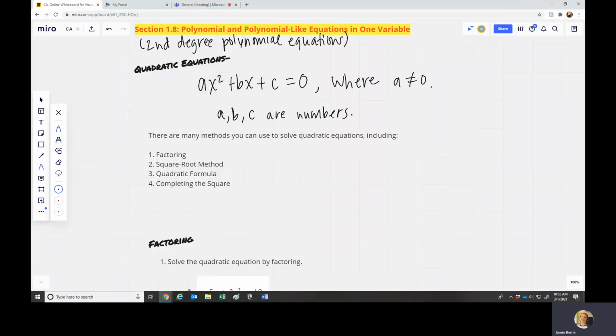There are lots of different ways that you can use to solve quadratic equations. I'm going to go over 4 of them here. I'm especially going to focus on these first 3. This fourth one is important if you plan to go on to calculus.